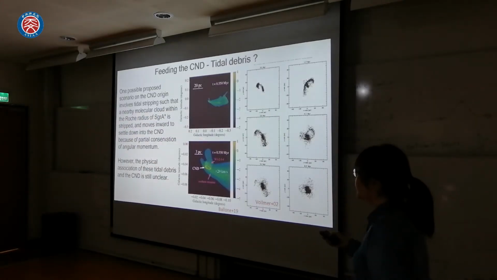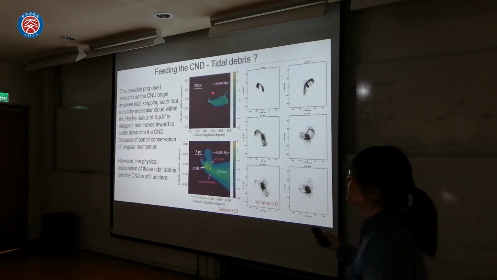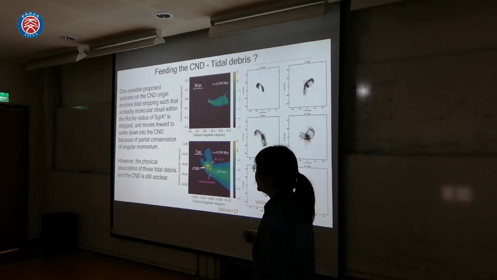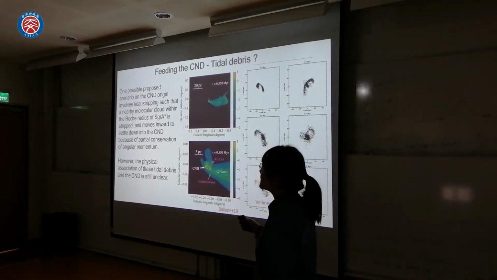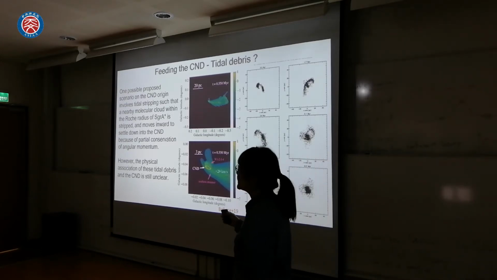The previous observation is important because theoretically we believe in a proposed formation scenario of the CND. One possible scenario involves tidal streaming of the nearby clouds within the rotating potential, and the envelope of the clouds is stretched and moves forward, settling down in the CND because of the partial cancellation of angular momentum.